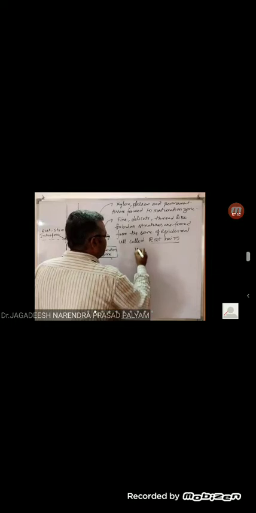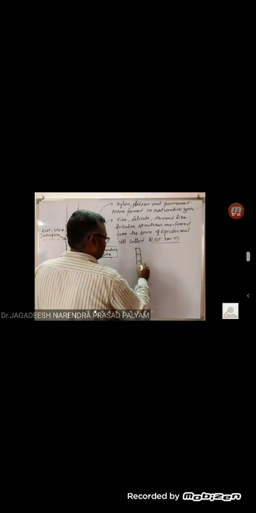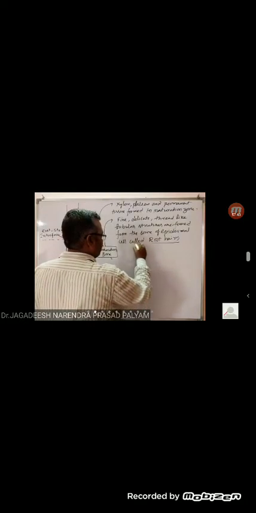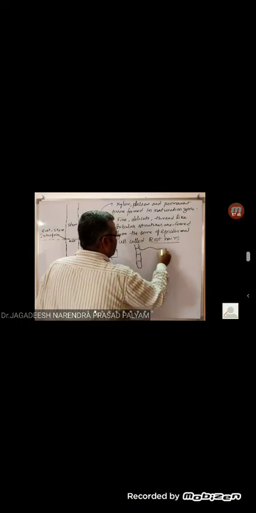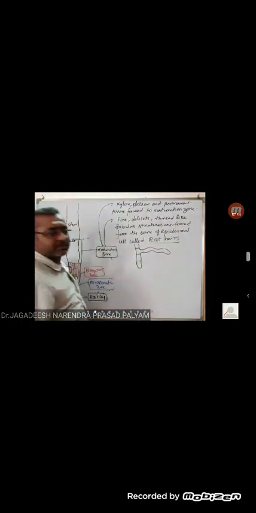Very important. Root hair. For example, if you think that this is epidermis, the wall of some of the epidermal cells elongates and forms a tubular extension like this. Now, some of the epidermal cells, not all, form a tubular extension.